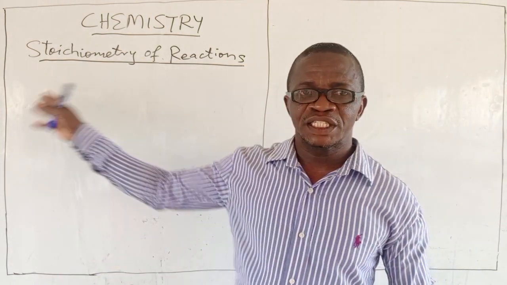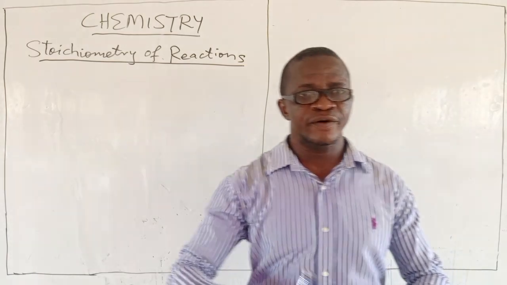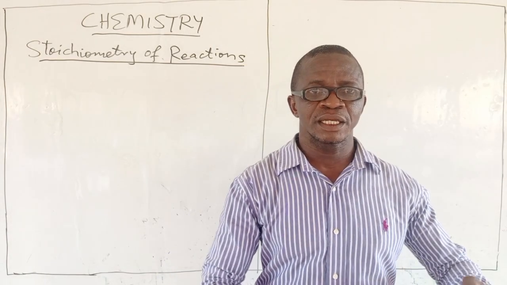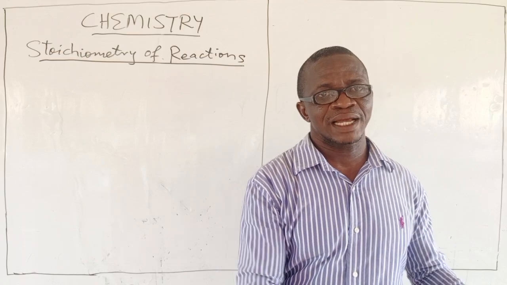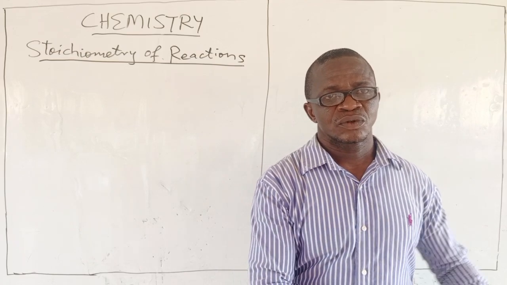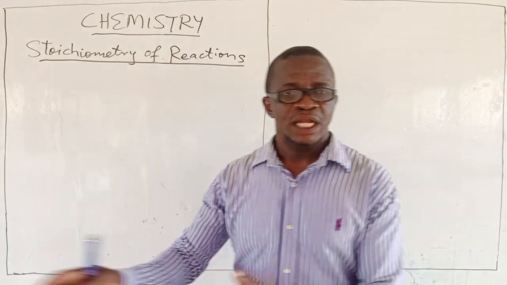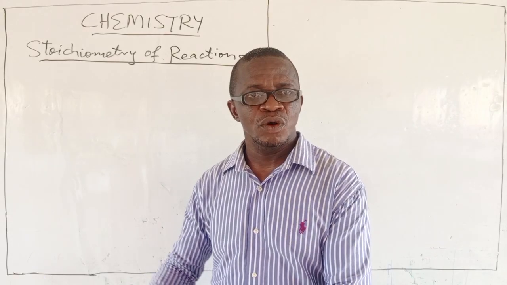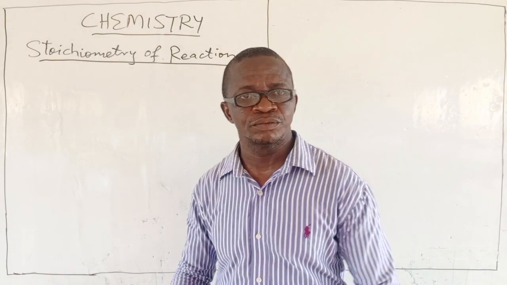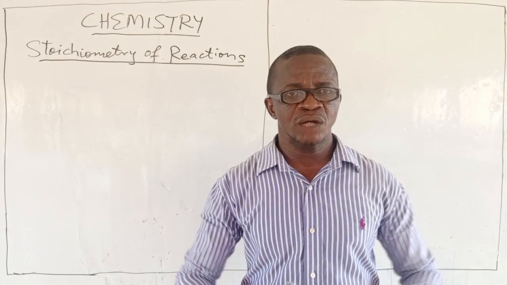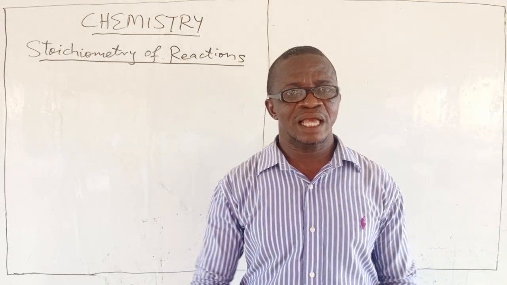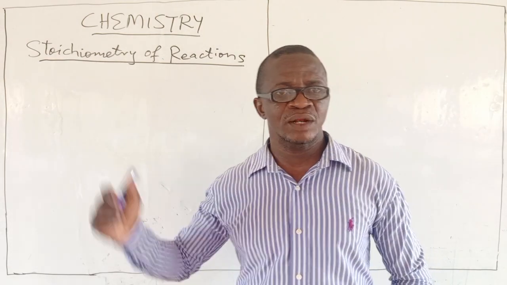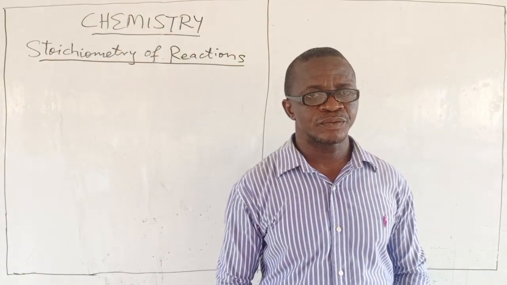Now, it has to do with the relationship between the reactants, the moles of the reactants combined, and the moles of the product formed. Without a balanced chemical equation, you cannot solve this problem.